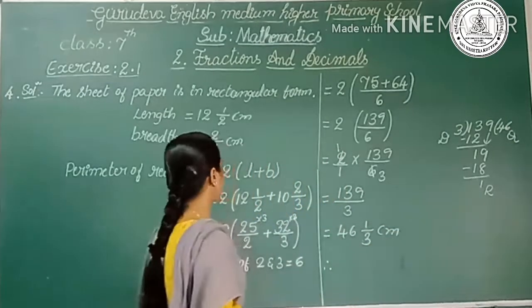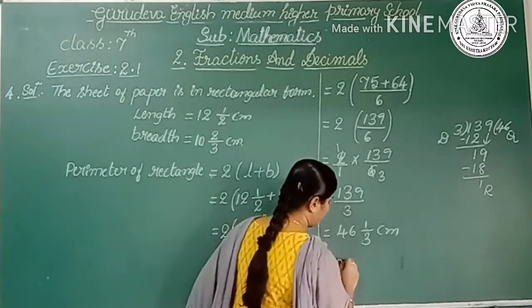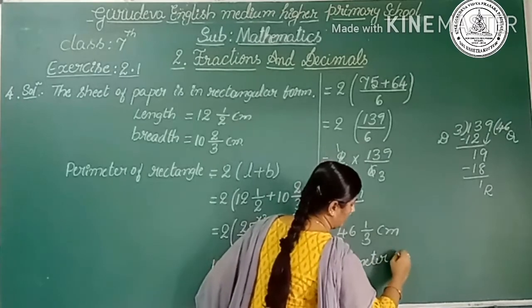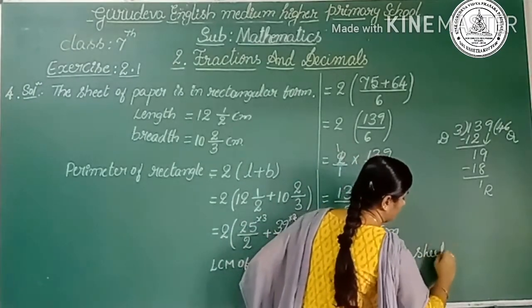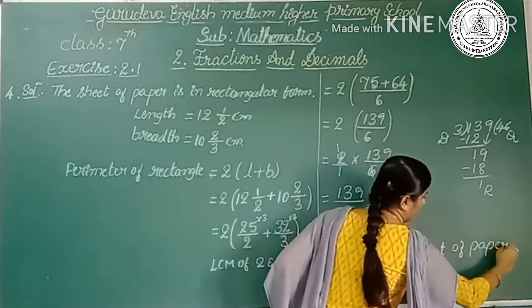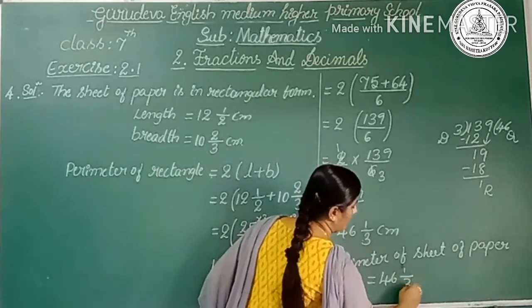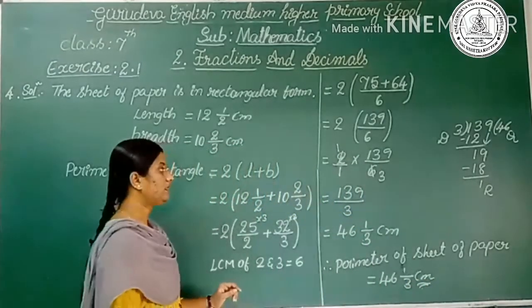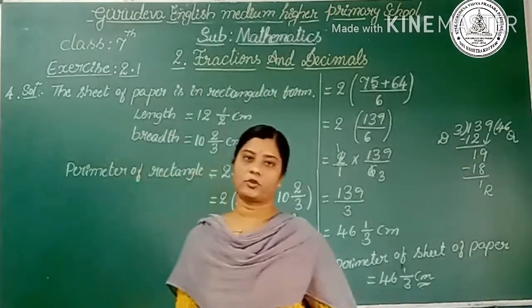Therefore, the perimeter of the rectangular sheet of paper is equal to 46 whole 1 by 3 centimeter. Is it clear? Yes.